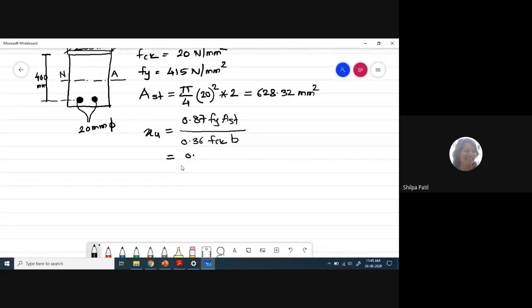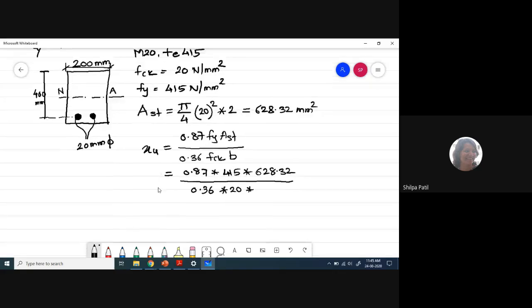So it is 0.87 into FY value is 415 into AST is 628.32, divided by 0.36 into FCK is 20 into, what is the B value? It is 200.